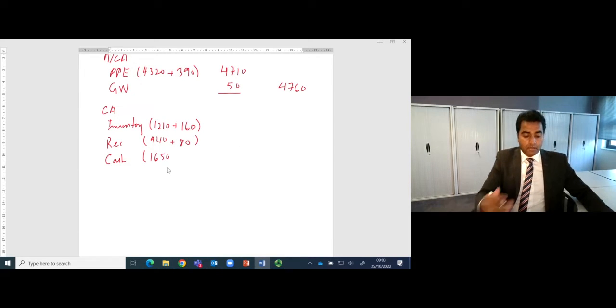Then the cash. The parent company has paid 500,000 pounds cash, and that needs to be subtracted from the cash balance.